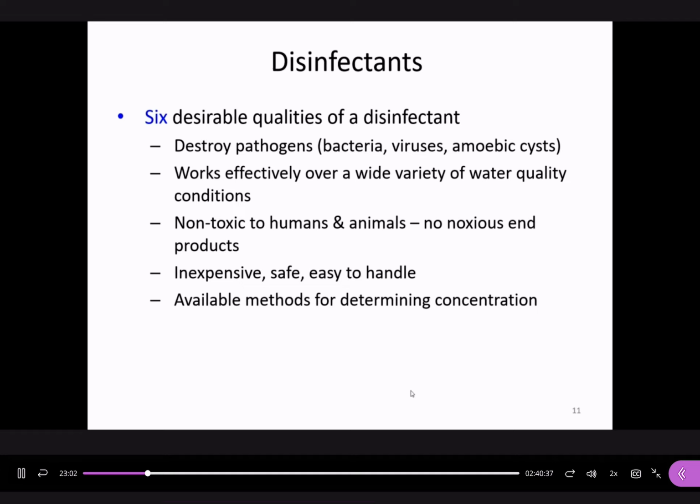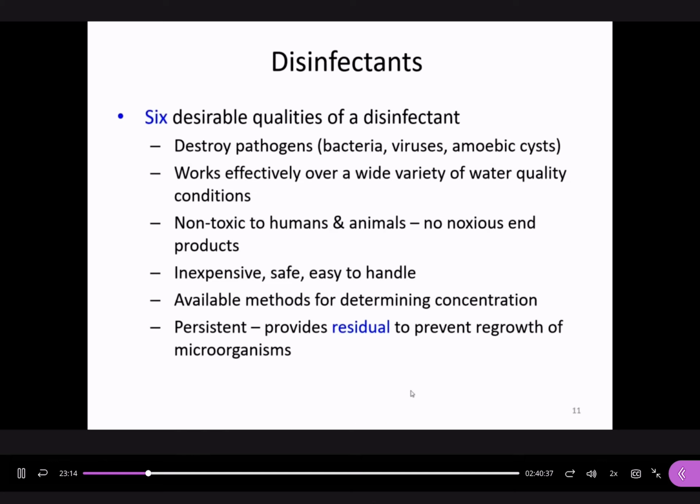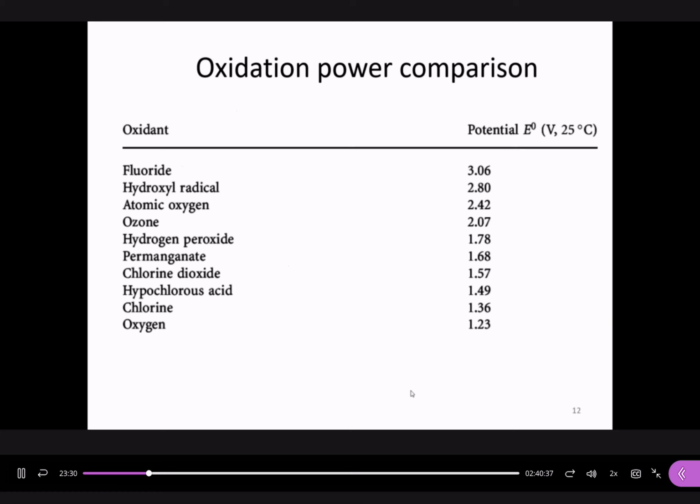So you add the same concentration, and you measure its change, and you control that every time. And persistent: it provides a residual to prevent regrowth of microorganisms. So we are utilizing oxidants here. These are powerful oxidants.